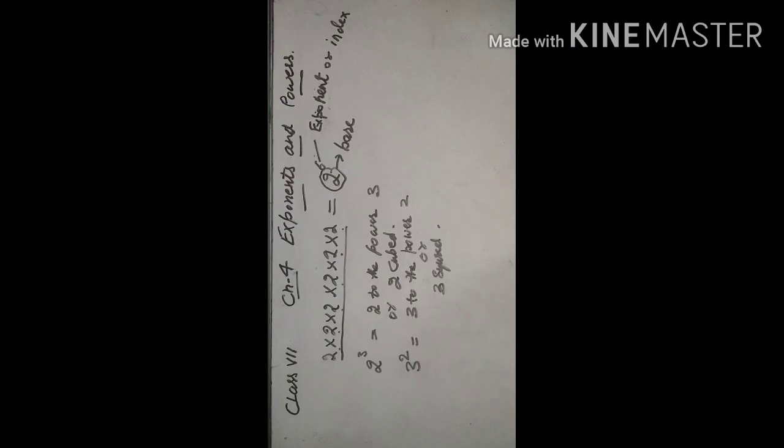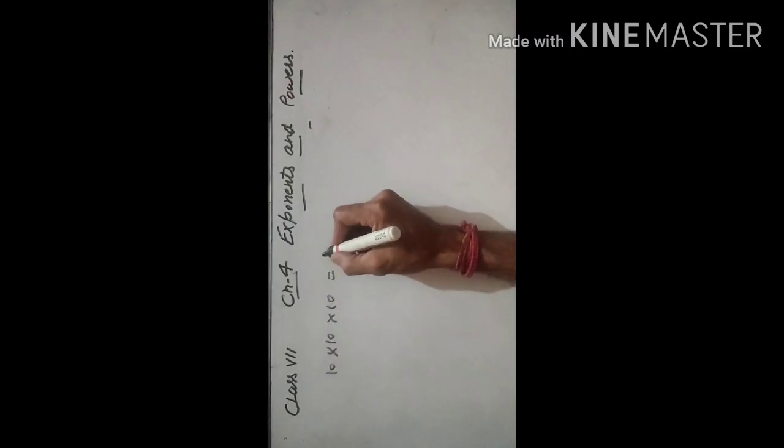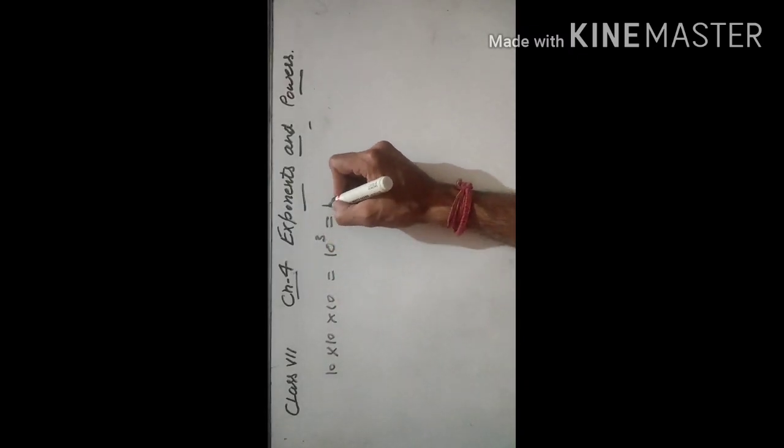Now if I write 10 × 10 × 10, 3 times, that means 10 to the power 3, or 1000.